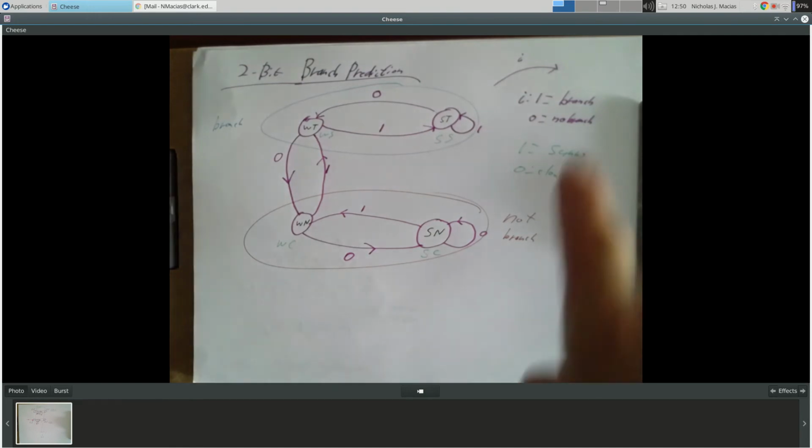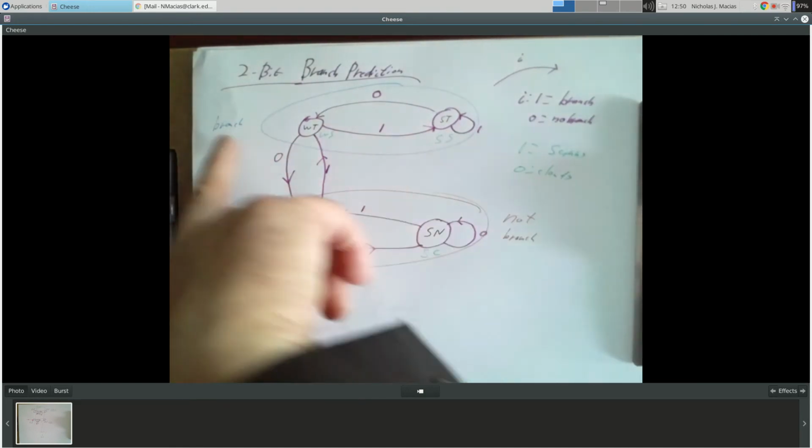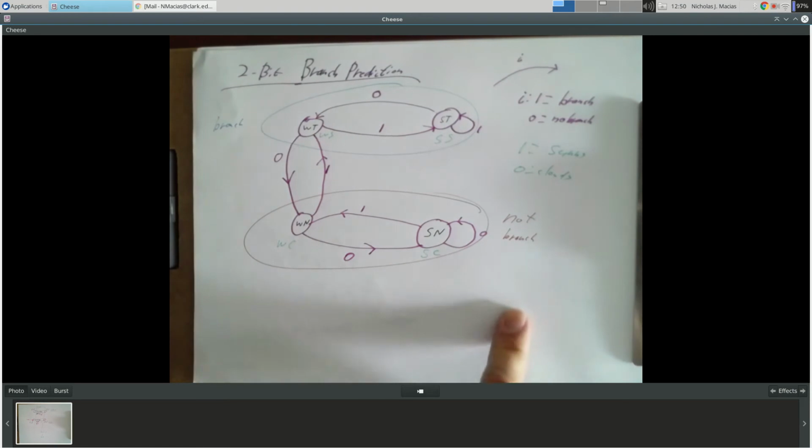And you could have strongly taken, weakly taken, very weakly taken, and then something else. For the most part, this doesn't make much sense. For branch prediction, it's usually 2 bits. And I think it's largely motivated by that idea of nested loops. But for other situations, sure, it could make more sense to have more states, more bits.